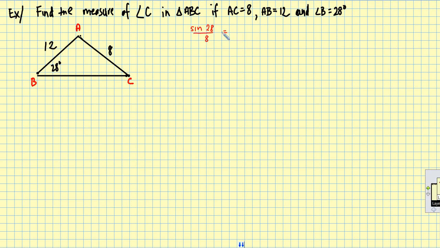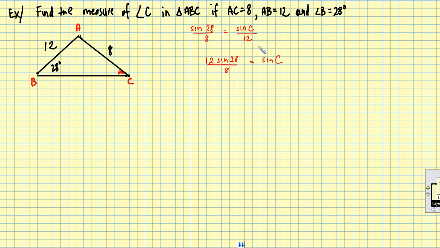The ratio of the angle given divided by its opposite side has to be exactly the same ratio as the sine of angle C divided by its opposite side, which is 12. So now I rearrange to isolate sine C, and I get 12 sine of 28 divided by 8 equals the sine of C.